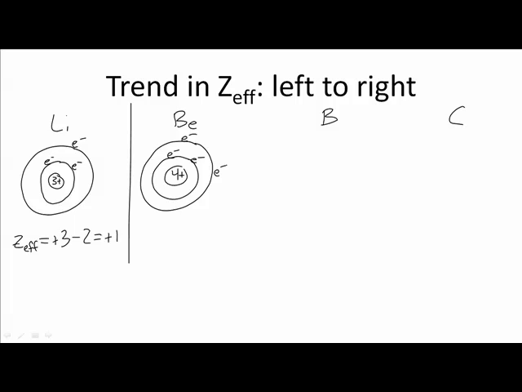Since those 2 on the outside are on the same energy level, they don't really shield each other as effectively. So we're essentially going to ignore their shielding effect. So the effective nuclear charge in this case would be plus 4 minus the two inner electrons. So now plus 2.